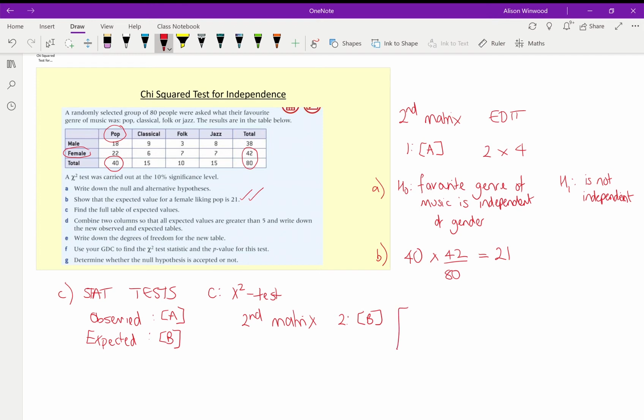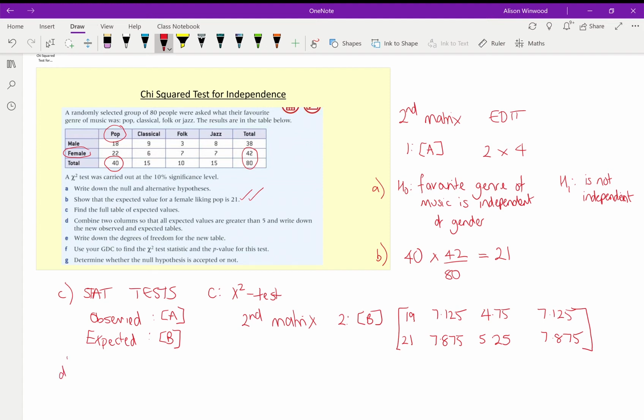It gives us all the expected values of 19, 7.125, 4.75, 7.125, 21, 7.875, 5.25 and 7.875. Much quicker than working it out by hand.